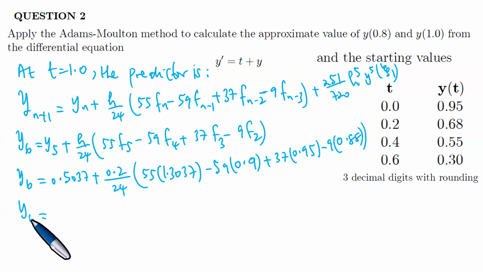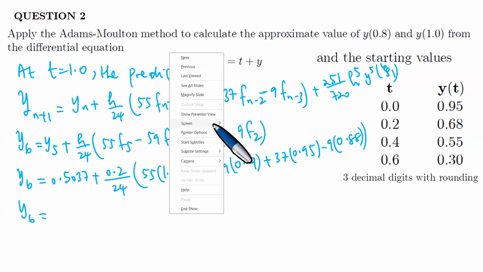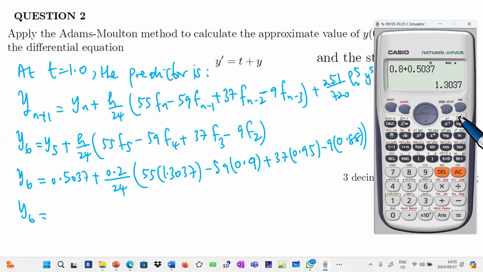So now we have y6. So now 0.5037 plus 0.2 over 24, 55 times 1.3037 minus 59 times 0.9 plus 37 times 0.95 minus 9 times 0.88.